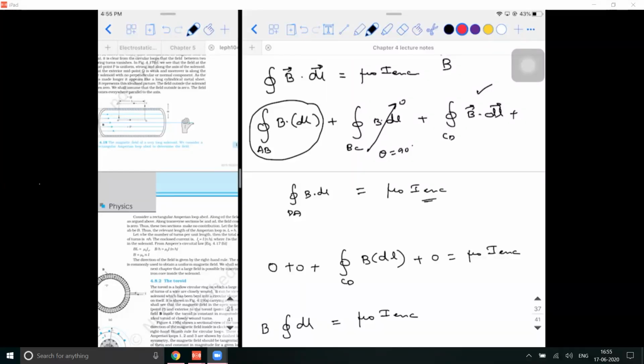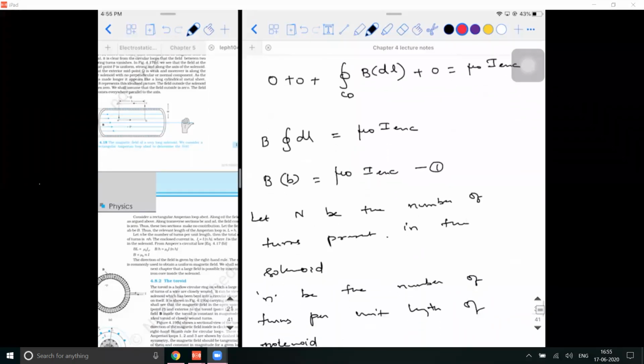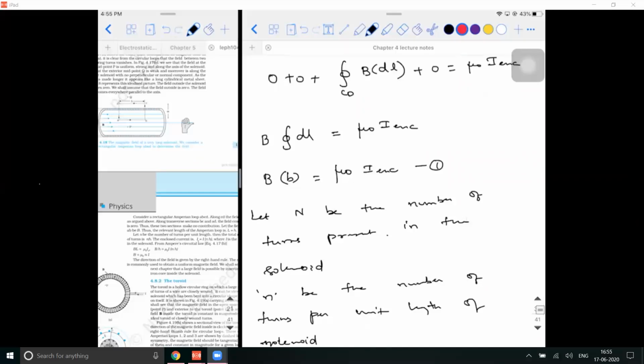Sir, can you go down? Yeah. Sir, after that, can you show the diagram once again?